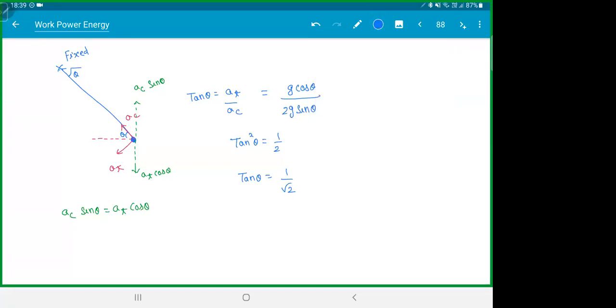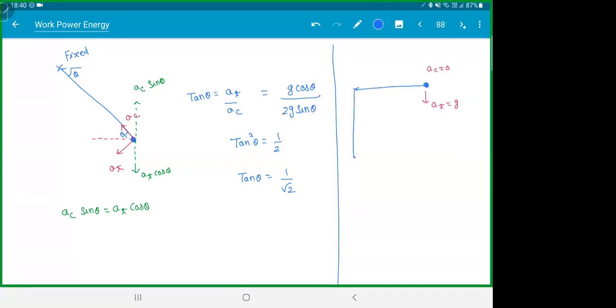And when will you get vertical acceleration? That would be a good theoretical question though. Find the instance when the acceleration is vertical. At what angles will the acceleration be vertical? Yeah, Ajit. There are only two positions. One at the initial position: a tangential is g, a centripetal is 0.